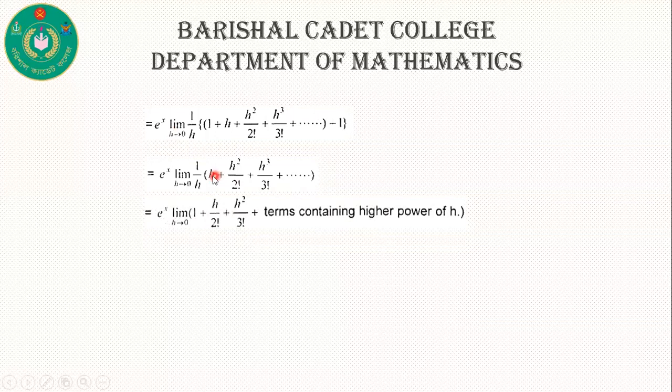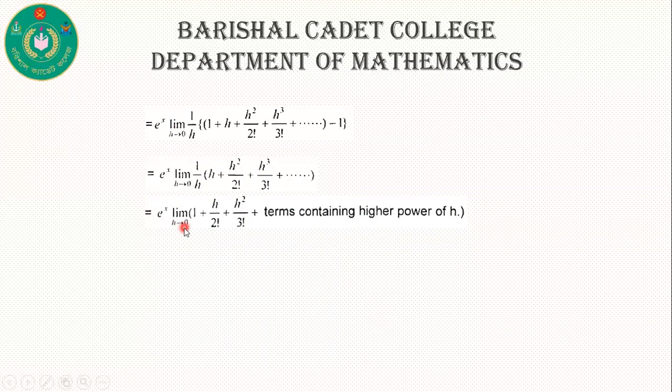Now h is common in all the terms, then h and h are cancelled, then the remaining part is 1 plus h by factorial 2 plus h square by factorial 3 plus terms containing higher powers of h.